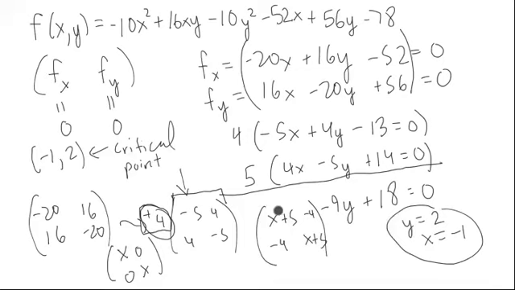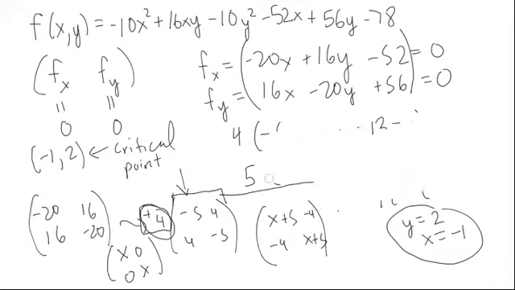Then from this, we just take the determinant. The determinant is x plus 5 quantity squared minus negative 4 times negative 4, so just minus 16.